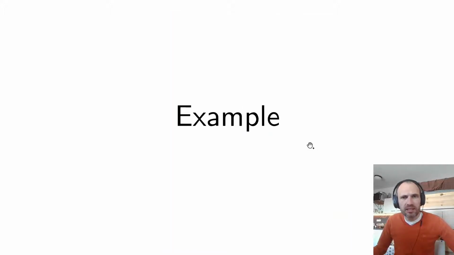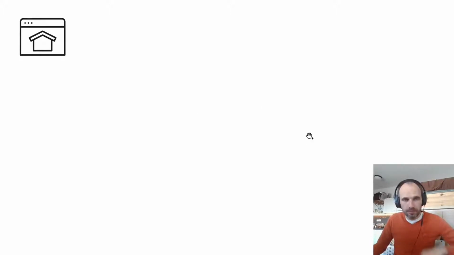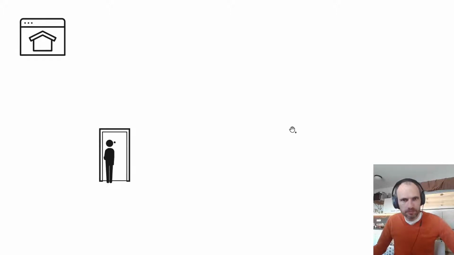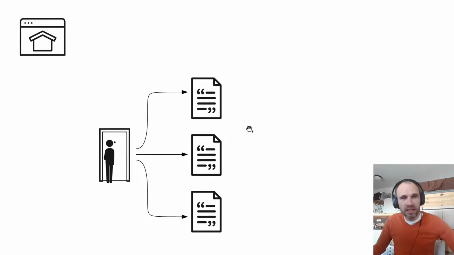Okay, so let's look at an example to see where this model could be applied. Let's say you have your news webpage, and there's a guest coming. You don't know anything about this guest, you're not using cookies, and you have these 3 newspaper articles.